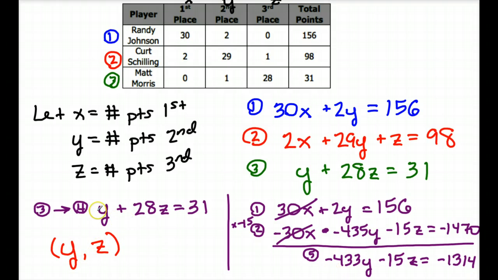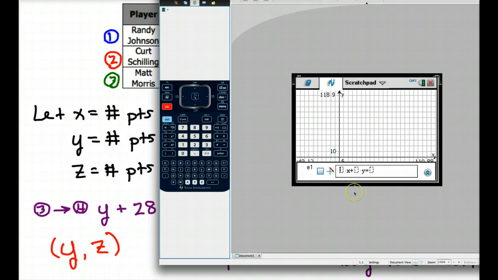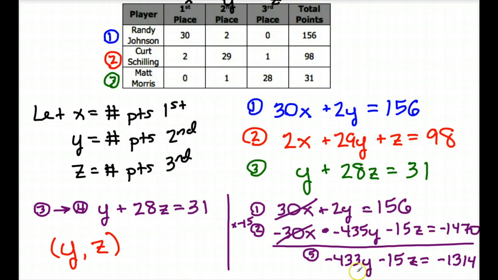My first equation is 1y plus 28z equals 31. So I'm going to type in a 1, a 28, and a 31. Graph that. My second equation is negative 433y minus 15z equals negative 1314.